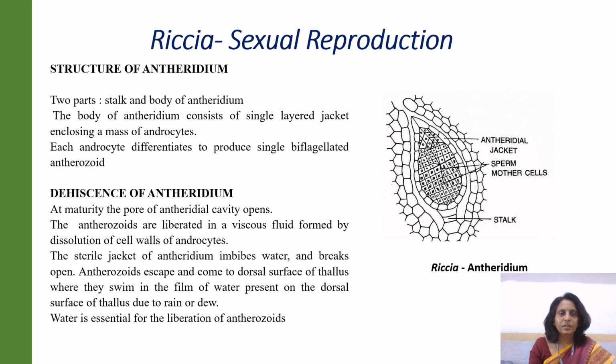At maturity, in the presence of water, the antheridial jacket breaks open and the androcytes or antherozoids are liberated. The liberated antherozoids swim in a thin film of water, rain or dew.